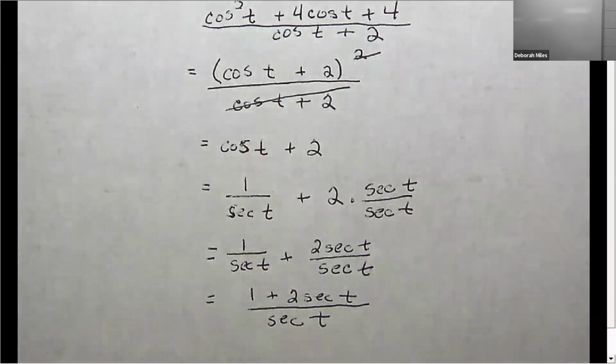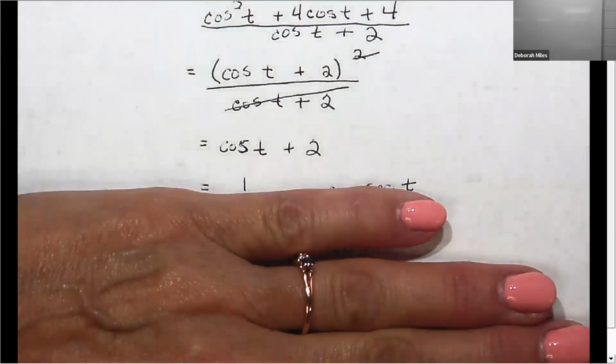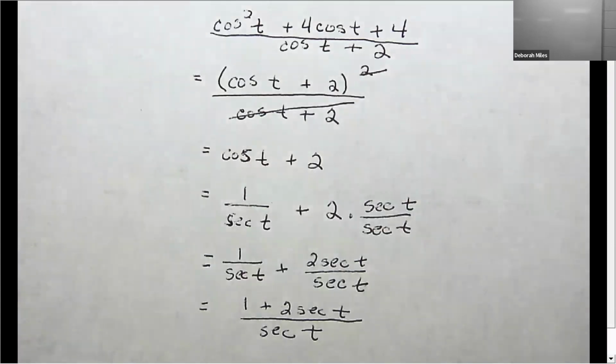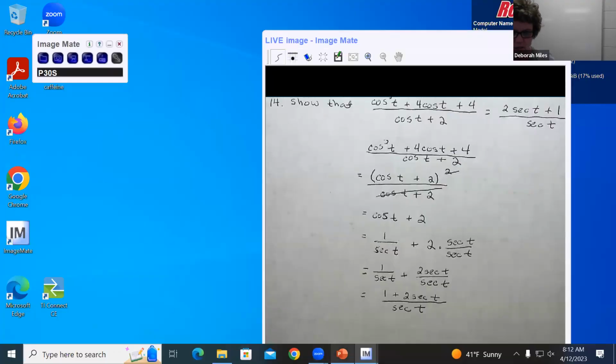It's just that if you get absolutely stuck and you don't happen to think cosine is just 1 over secant, then starting with the other side and showing that it also equals cosine t plus 2 is a valid way of doing the identity. All right, I like that we figured that out without having to resort to using that work on one side and then the other tool.